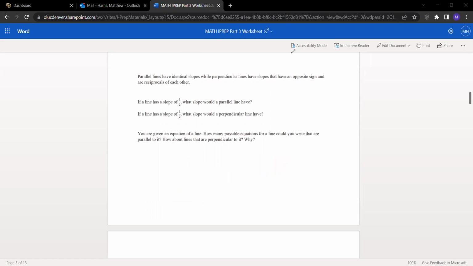So now what about lines that are perpendicular? If you have this line right here, how many lines could you draw that are perpendicular to that line? I would say infinite, right? Because you can do one there, one there, one there. You can see how we could do that forever and ever, right? So let's say this line had an equation of y equals 2x plus 2.